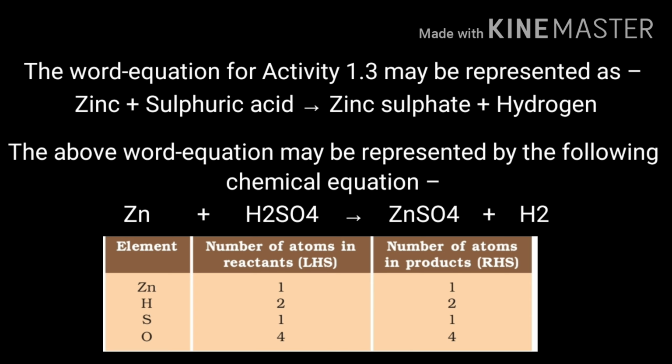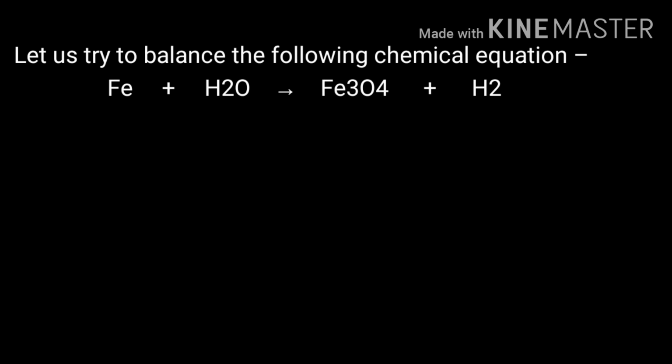We know that the symbol of zinc is Zn, sulfuric acid is H2SO4, zinc sulfate is ZnSO4 and hydrogen is H2. So now check the number of atoms on both sides. We can see that the number of atoms on both sides are equal. So students, this type of equation is known as a balanced equation. Let's take another example.